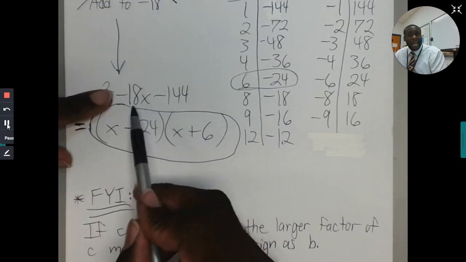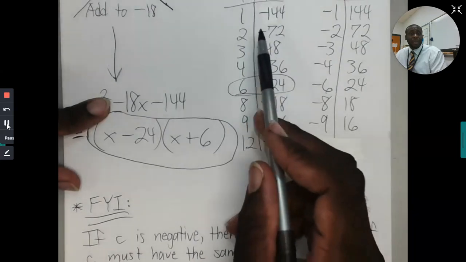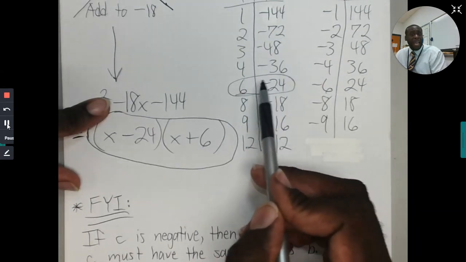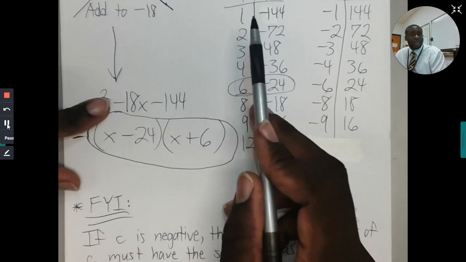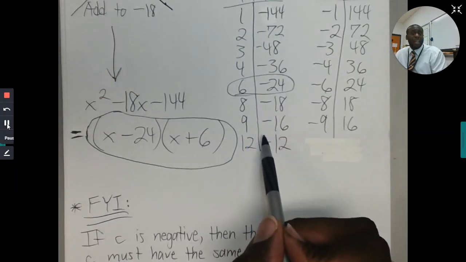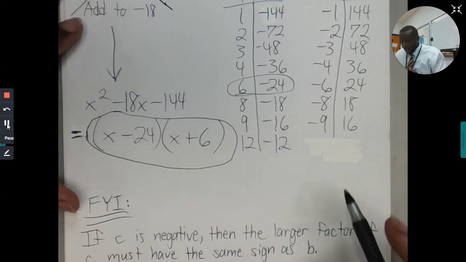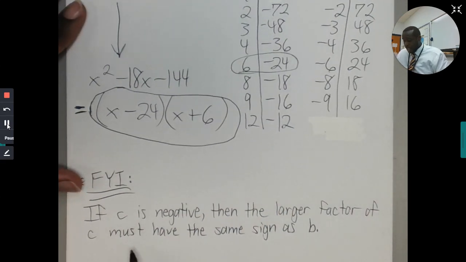They matched the same sign as negative 18. That's the only way that when you add the pair together, you get a negative number. So the larger factor of C has to match the sign of B.